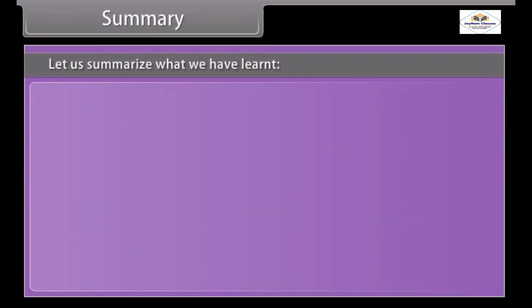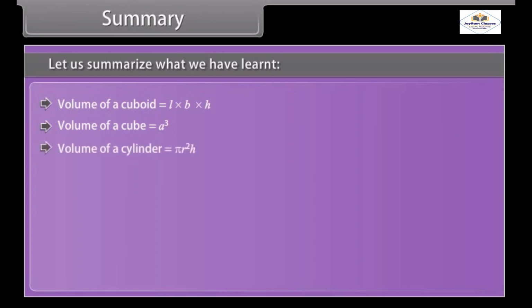Summary. Let us summarize what we have learned. Volume of a cuboid is equal to L into B into H. Volume of a cube is equal to a cube. Volume of a cylinder is equal to pi r square h.